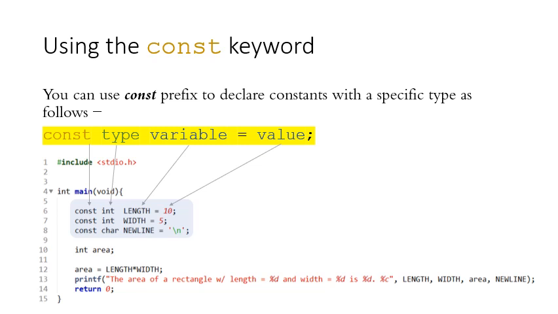Alternatively, you can use the const prefix to declare a constant with a specific type as follows. Normally we just declare variables with the identifier and its data type. So we just add the const keyword before the type to indicate that it's a constant. For example, for the length and the width, we specify that it's an int as well as a const. But for the newline, since it's a character, we declare it as const char NEWLINE equals the escape sequence \n.